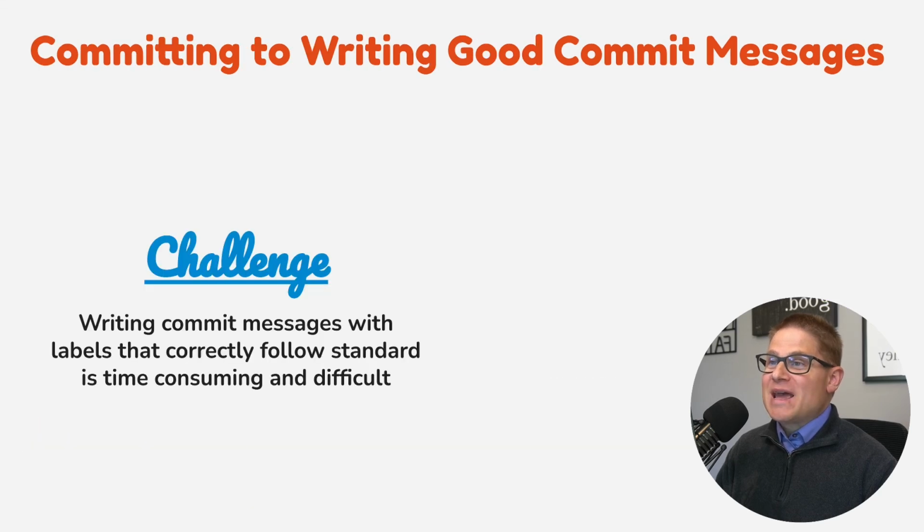Ultimately, today I have presented to you a tool that will help you to commit to writing good commit messages. Why is this important? The key challenge is that it's often difficult to correctly write commit messages with labels that follow the standard. This process is often time-consuming and difficult.